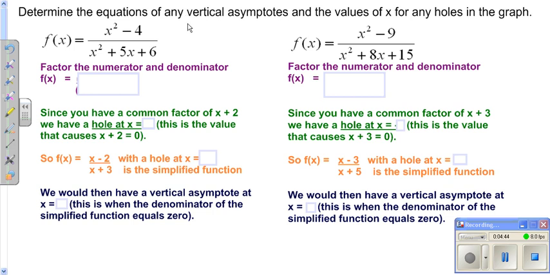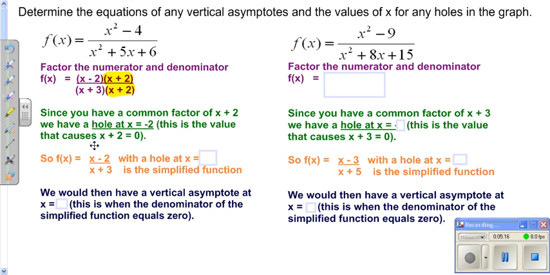We need to go ahead and find vertical asymptotes and any holes. Well, to find vertical asymptotes and holes, you first of all have to go ahead and factor. The top is a difference of squares. The bottom factors into two different parentheses. Now, since you have a common factor in the top and the bottom, you know what causes that common factor to be 0 is a hole. So that is when x is negative 2. So when you cross those out, you know you have a hole at what causes those to be 0, which is negative 2.